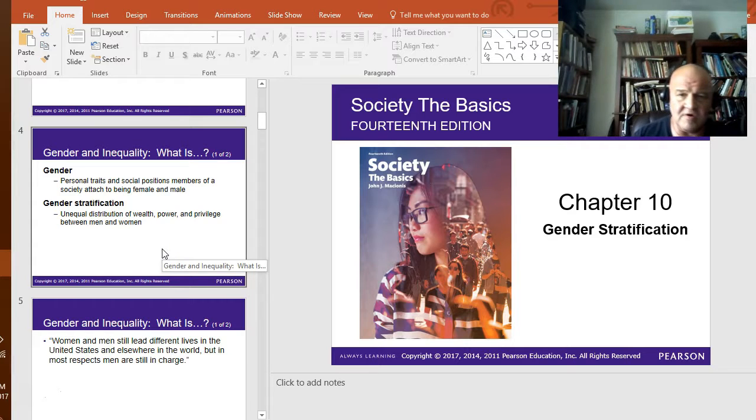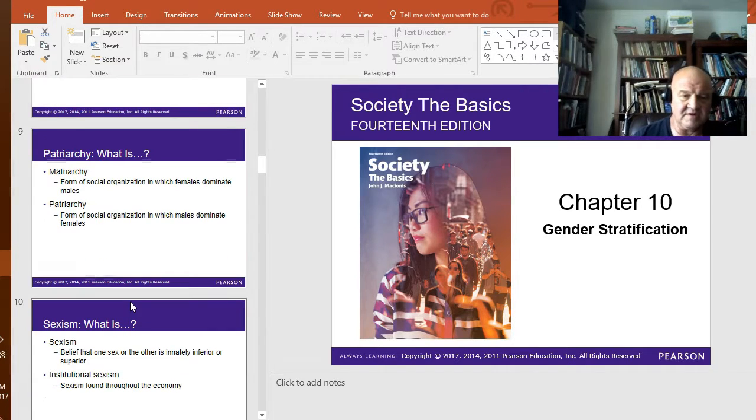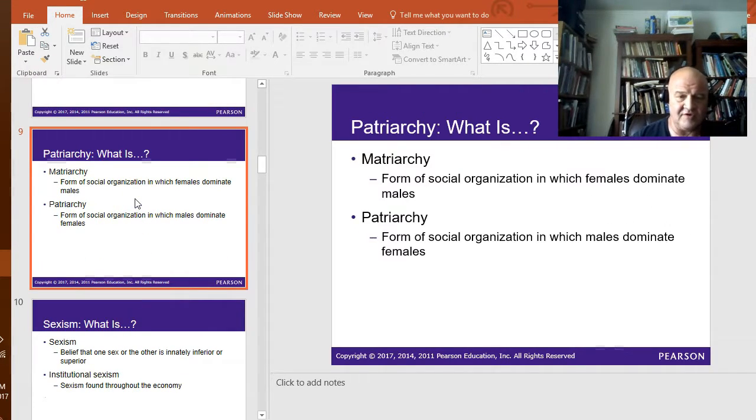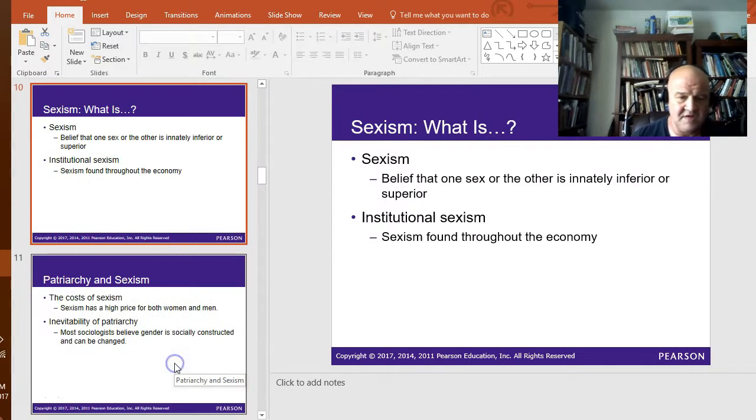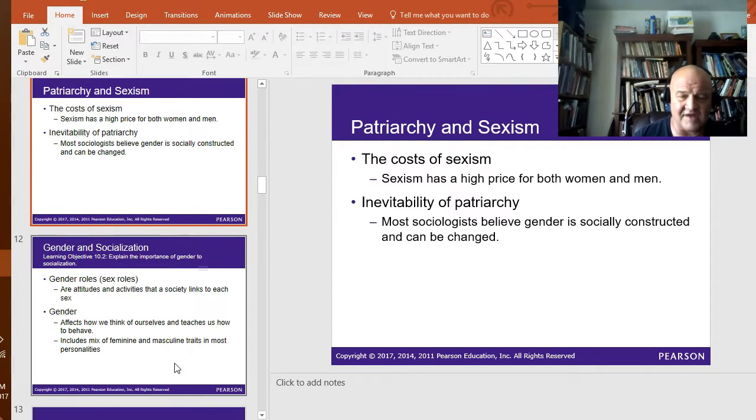Know that we look at gender not only as a way that human beings are socialized, but in terms of social structures. So, basically, know what the terms matriarchy and patriarchy mean. Slides 10 and 11 give us definitions of sexism and patriarchy.